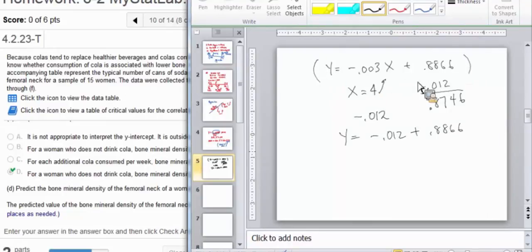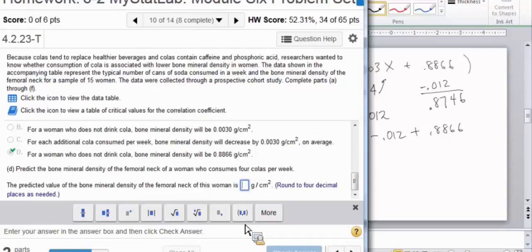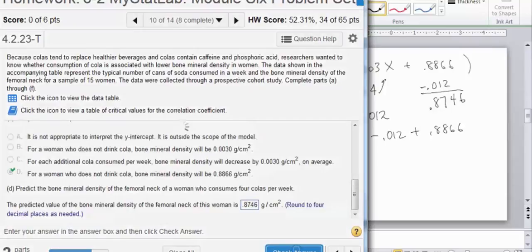Here's the equation with y and x. The problem asks, what's y when x equals 4? Just stick in x equals 4. So it's 8746. So let me put in 8746. Exactly, Moretta. Put in 4 for the x.